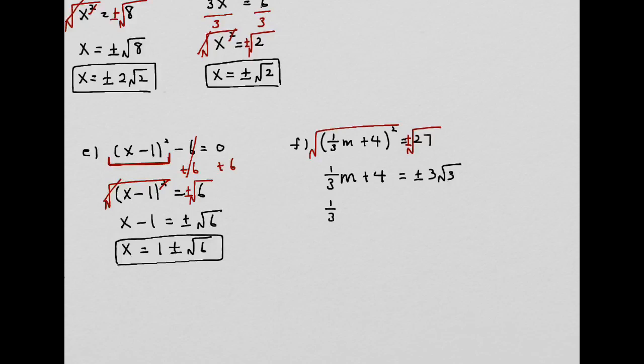And we isolate m by first subtracting 4. And then how do we get rid of the 1/3 that is multiplied? Well, we multiply by 3/1, right? So then we multiply the other side by 3/1. That way I will have only m remaining on the left side.